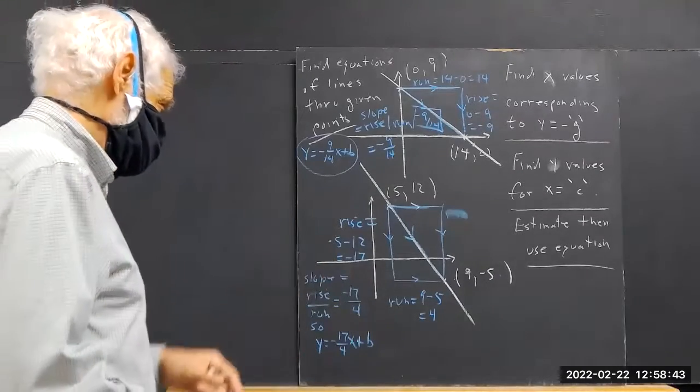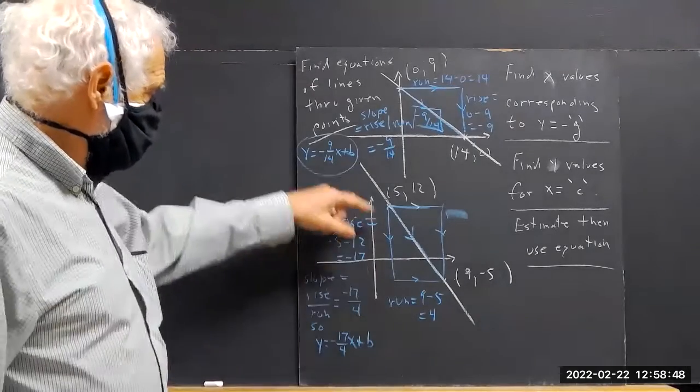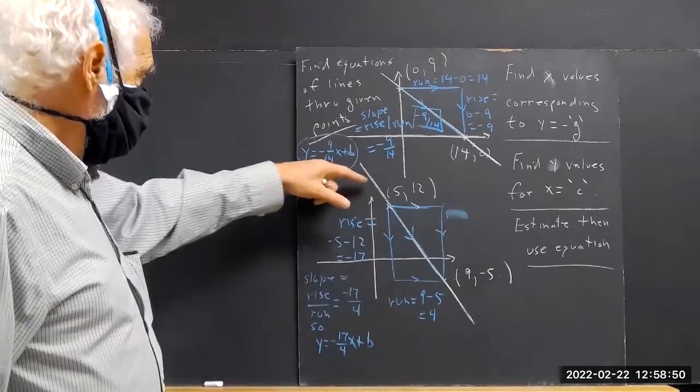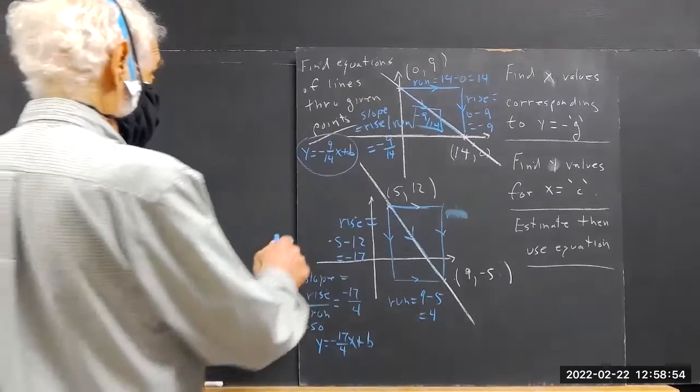Okay, well, there we have it. Okay, now, we've got a little more to do. We don't have b sitting there right in front of our very eyes. Here we did.